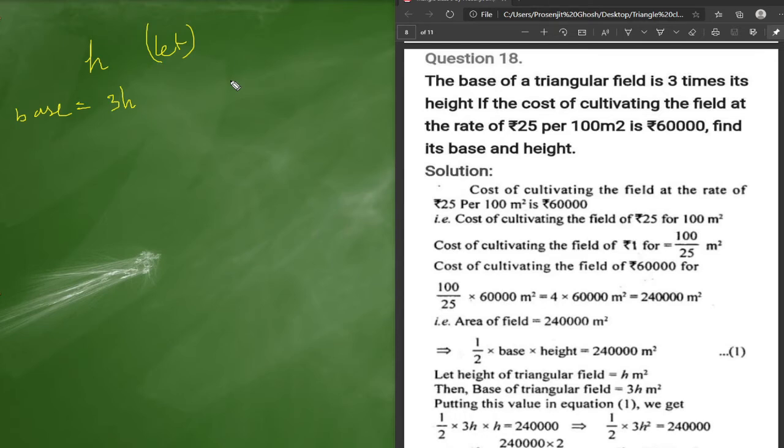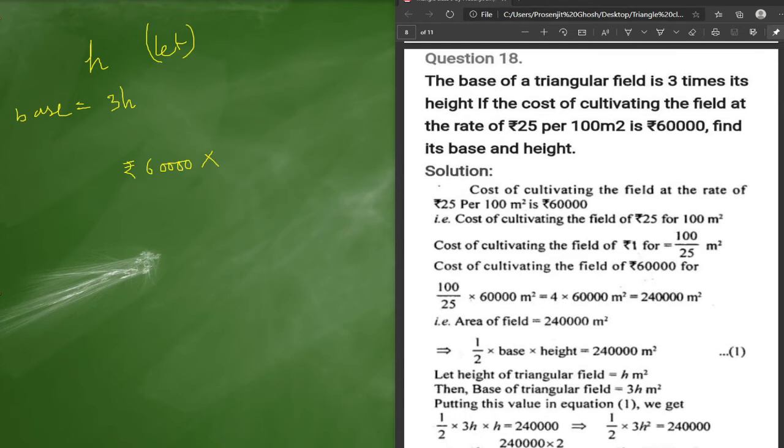Okay. So the pricing is now given to you in the second condition. That means 25 rupees per 100 meter square. Then the total cost is 60,000 rupees. So you invested 60,000 rupees and you know that it costs only 25 rupees for 100 meter square. All you have to do is find how much area there is.